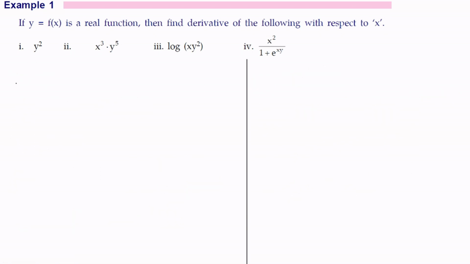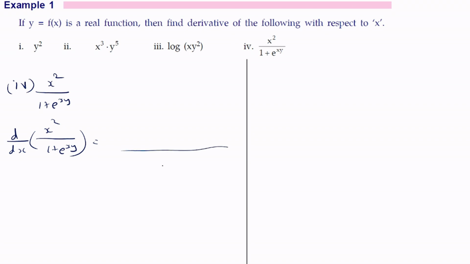Next we have the fourth subdivision, x square upon 1 plus e raised to xy. So here we have to find the derivative using quotient rule. So this is derivative d by dx of x square upon 1 plus e raised to xy. It is equal to, denominator we have 1 plus e raised to xy the whole square. Then we have to keep the denominator and differentiate the numerator.